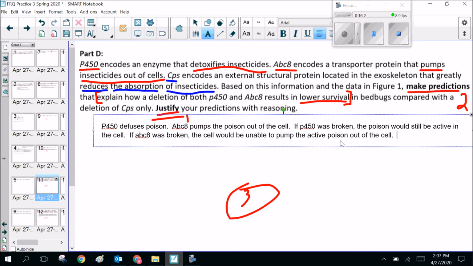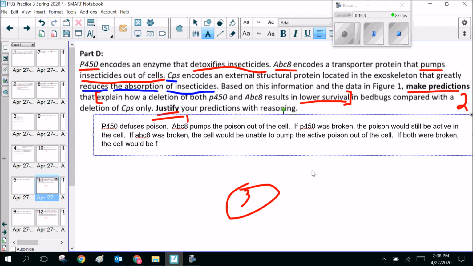Okay, so that's the reason why that would really suck. That's to compare it with the deletion of CPS only, okay? So I'm just going to continue my thoughts: if both were broken, the cell would be full, or I would say be trapped with a bunch of deadly poison.